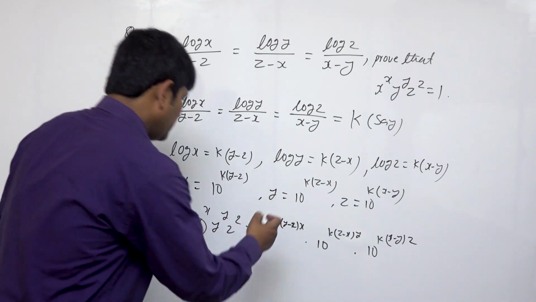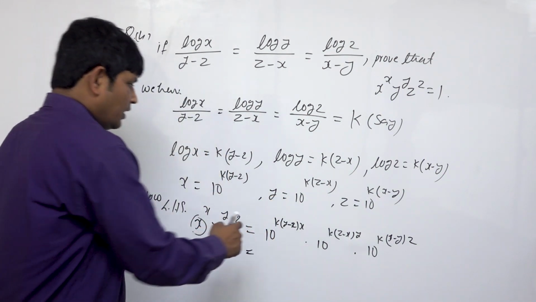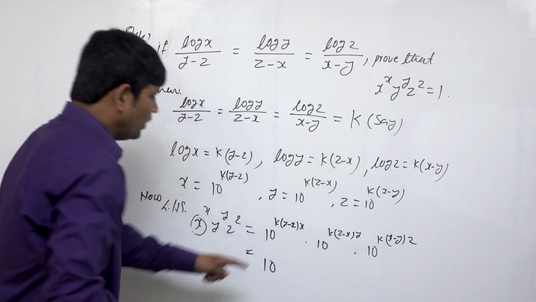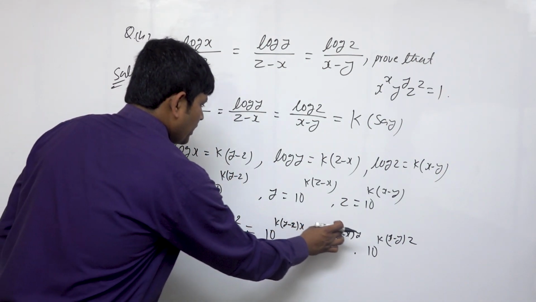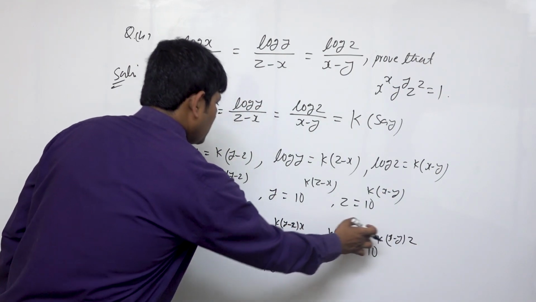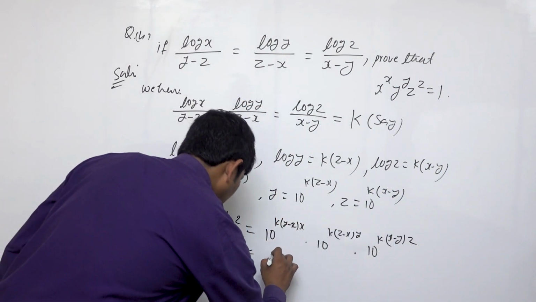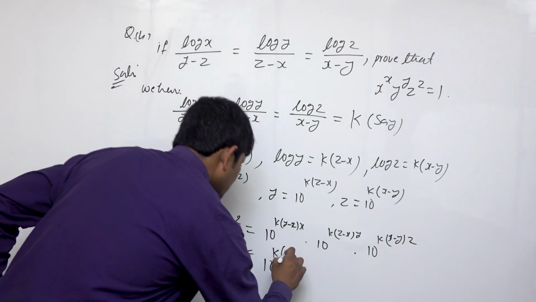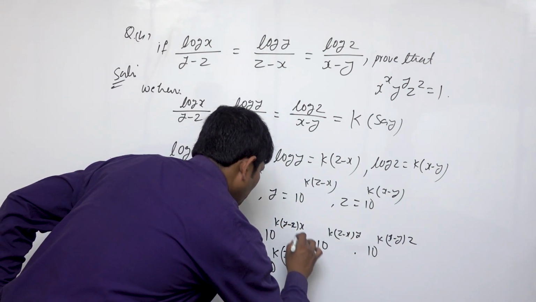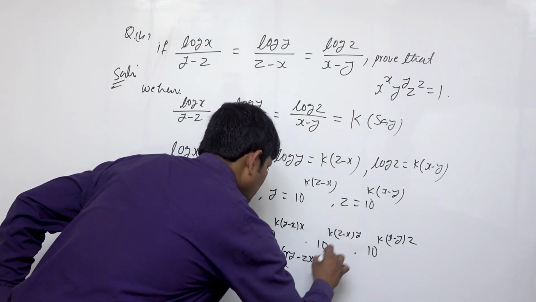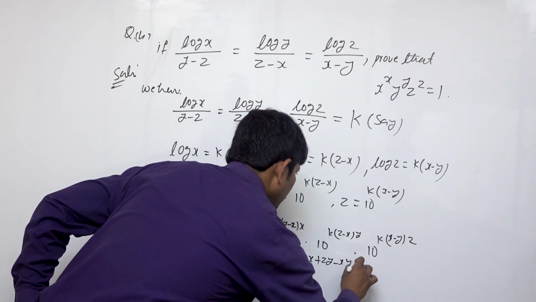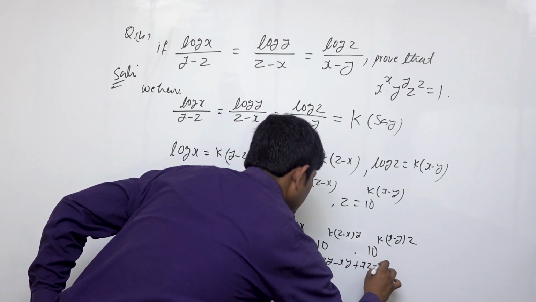So now let's see here. What will happen? Same base, so powers will be added. Make only one base. This plus that. So we have to take k common here. If we take k common, what is remaining there? xy minus zx plus zy minus xy plus xz minus zy.